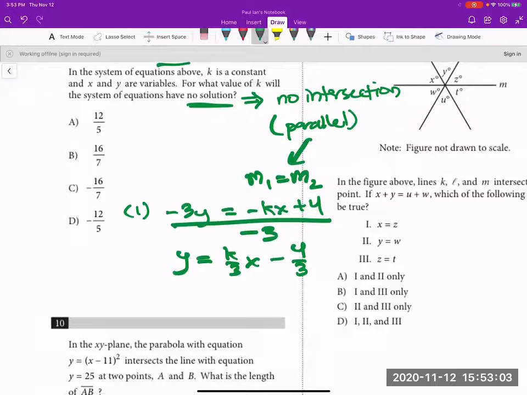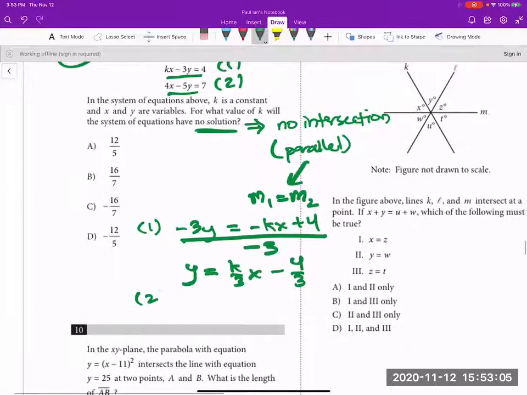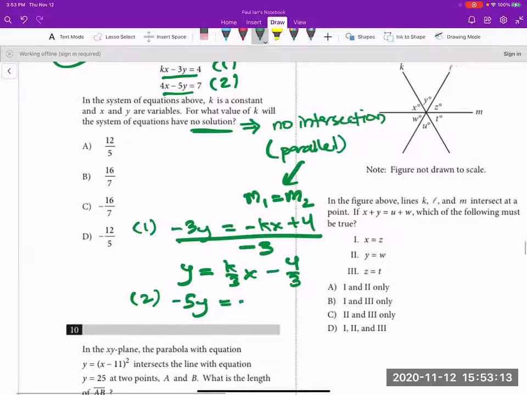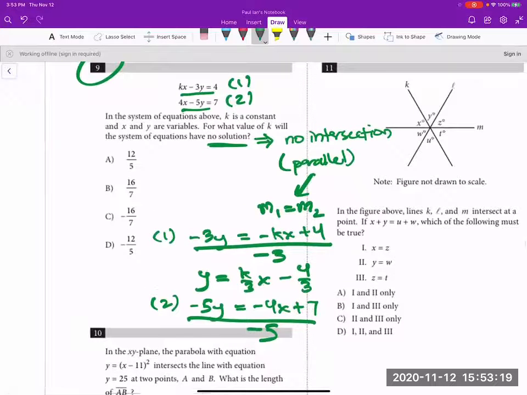Okay, so that's the first one. And the second one here is minus 5y equals minus 4x plus 7, divided by negative 5. So y equals 4/5 x minus 7/5.